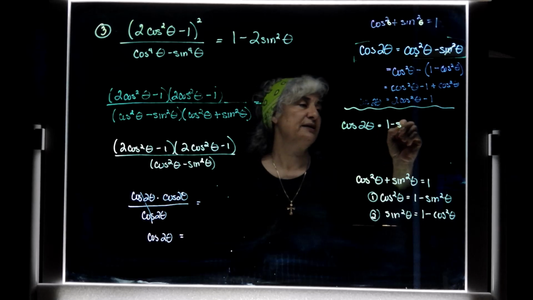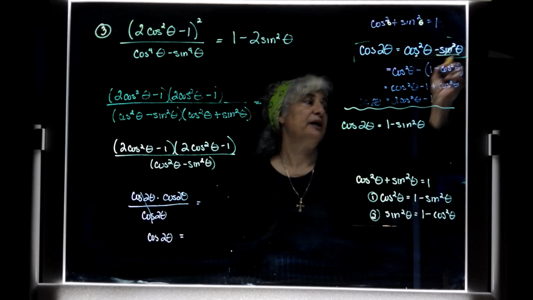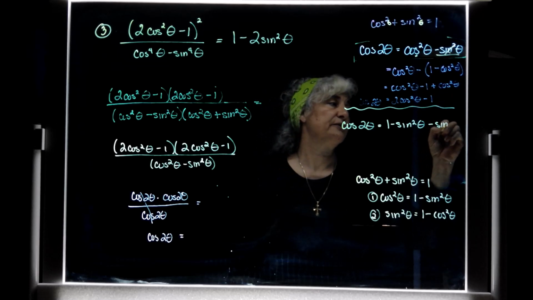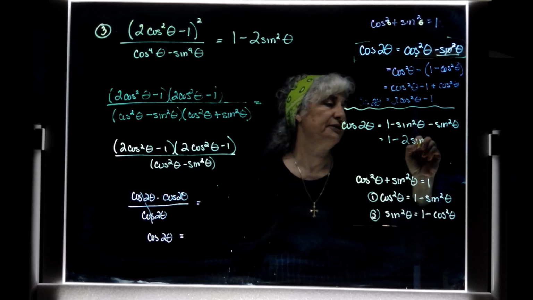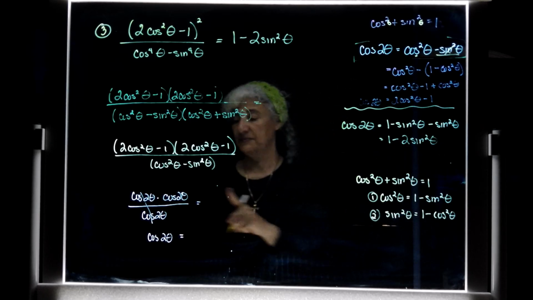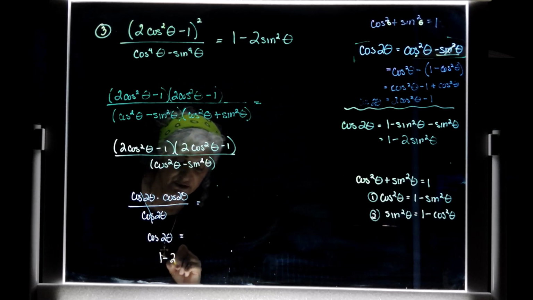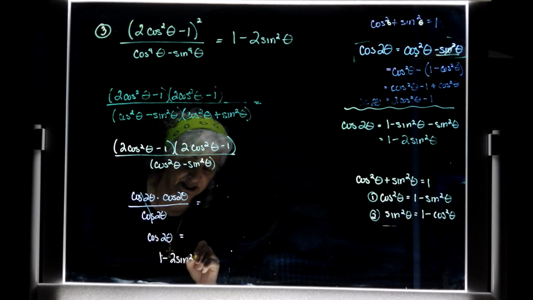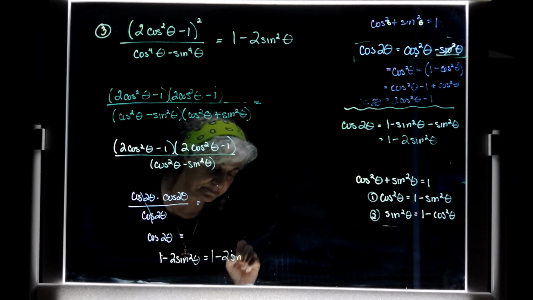Cosine squared is 1 minus sine squared theta, isn't it? And then minus this other sine squared theta. It's 1 minus 2 sine squared theta. And that's exactly what I have right there. So I can rewrite this double angle with this variation.